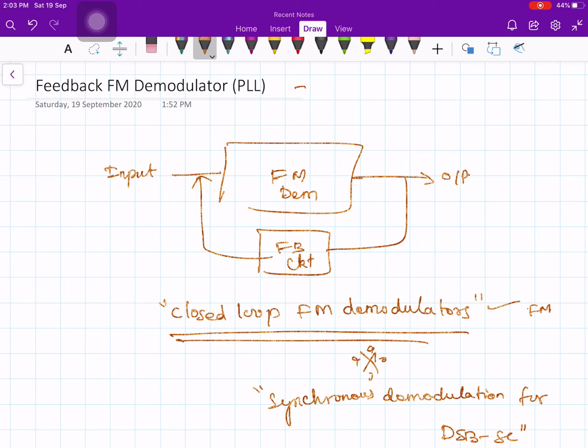Basically the motivation for using these feedback demodulators over the normal discriminators that we have discussed in the last lecture is that they yield better performance in the presence of noise.